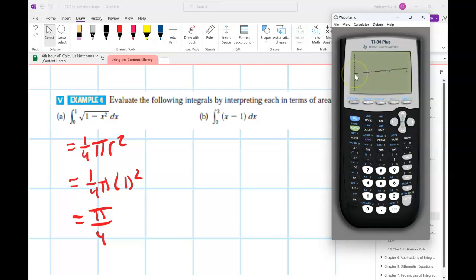It looks like we go from negative 1 to 2 probably, it looks like. So I'm going to reset my y's from negative 1 to 2. So when I look at this, what I see is one triangle here plus another triangle here.